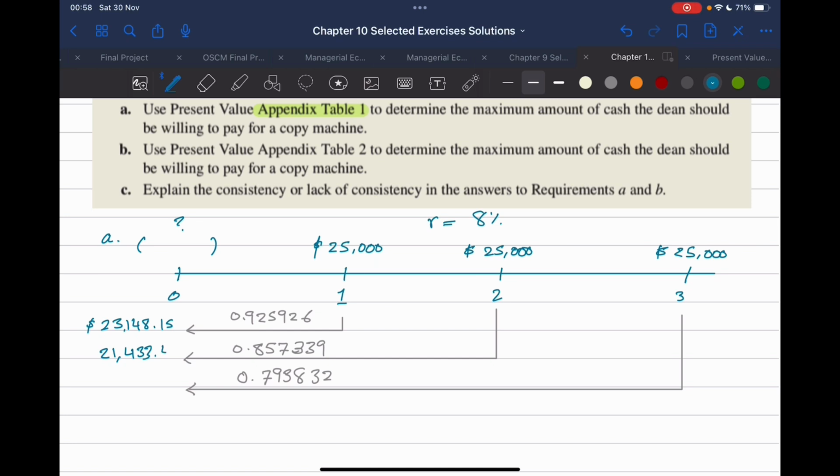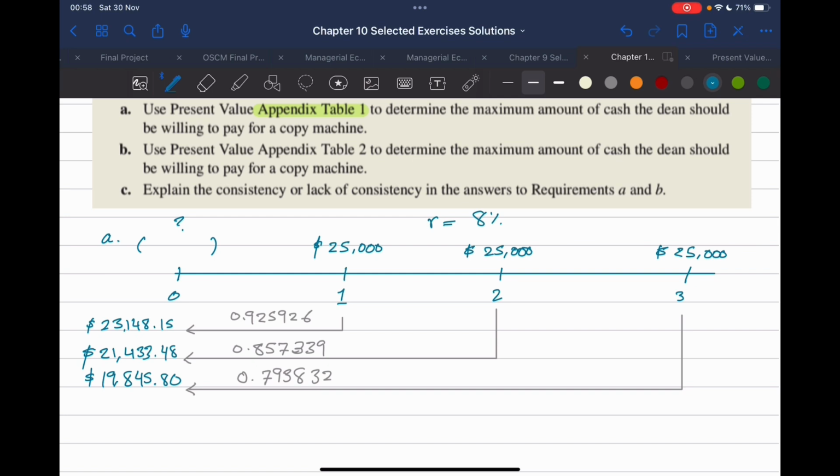I'm going to round that up to 21,433.48 because the question wants 2 decimal places only. And for the third year, again, $25,000 multiplied by 0.793832, and that's going to be 19,845.80.